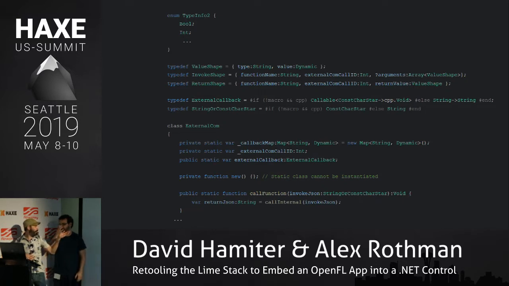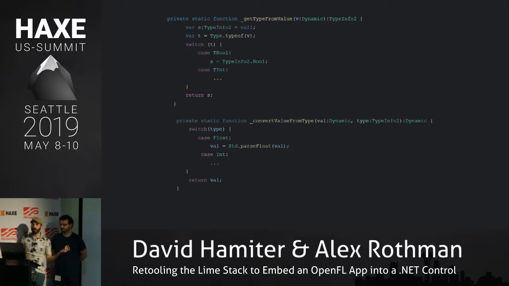So the external callback is going to be a callable for C++. Otherwise, it's going to be a string for now. Same thing with string, const char star. So what do you need to do? You need to be able to get the types from values and set values from types from this JSON schema.